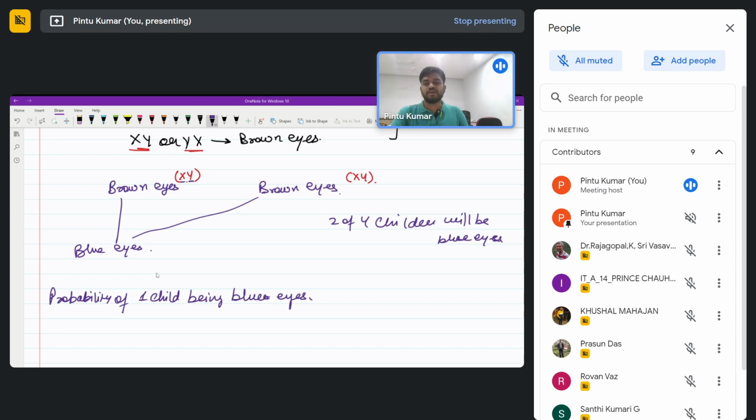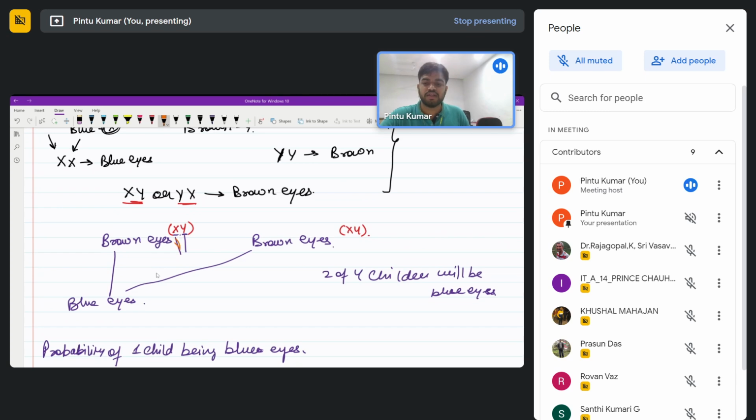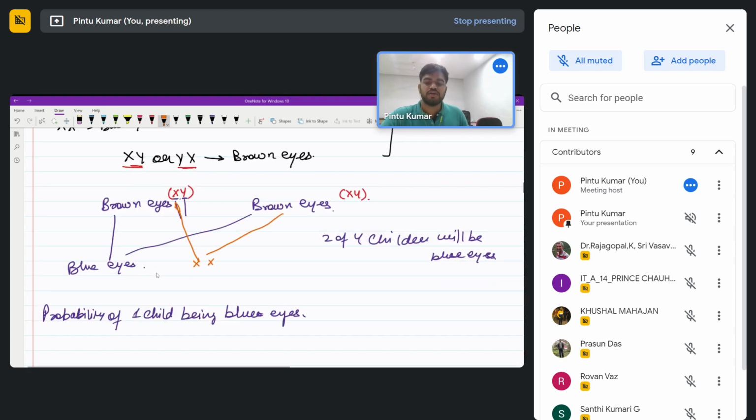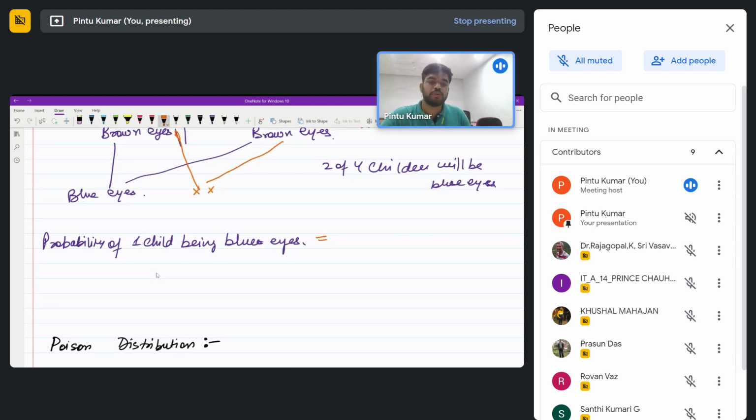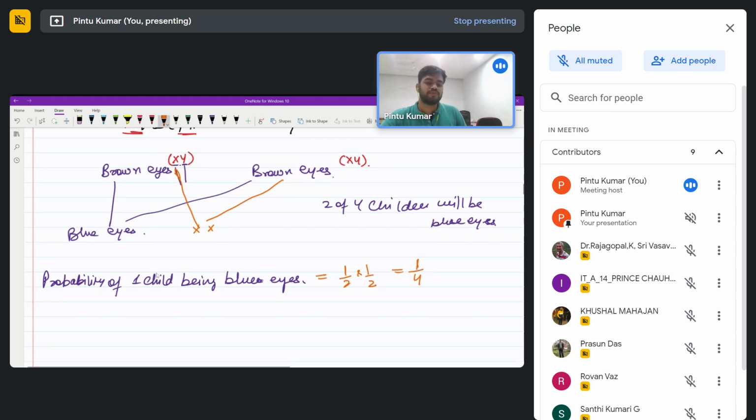So the father can transfer X or Y with equal probability. When will the parents have blue-eyed children? When both of them transfer X. That is possible with probability half into half, because both are independent events, and transferring X is half for each. So the overall probability is 1 by 4.